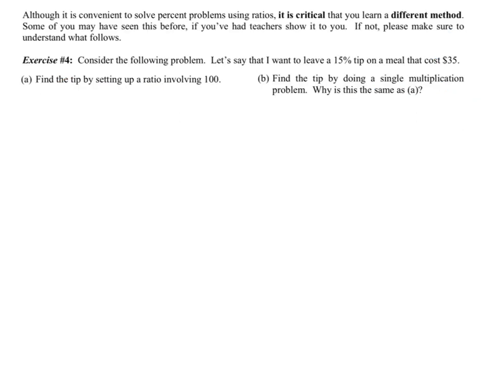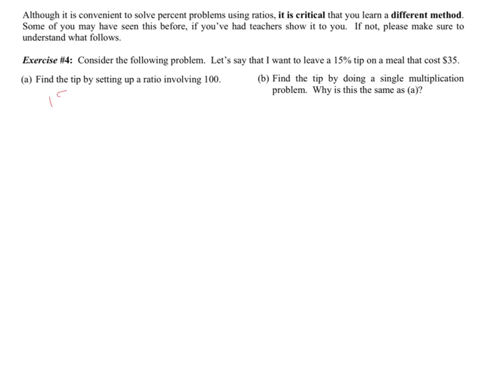Although it's convenient to solve percent problems using ratios, it's critical you learn a different method. Some of you may have seen this before if you've had teachers show it to you. If not, please make sure you understand what follows. So let's look at the following problem. Let's say I want to leave a 15% tip on a meal that costs $35. Well, the first part of it says to use a ratio.